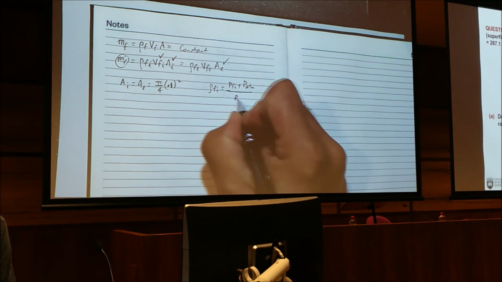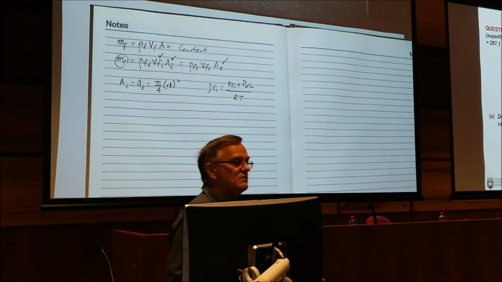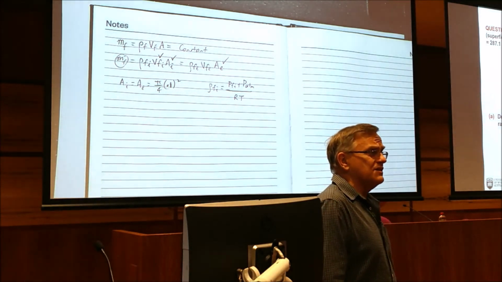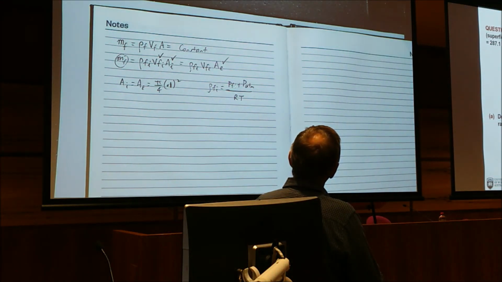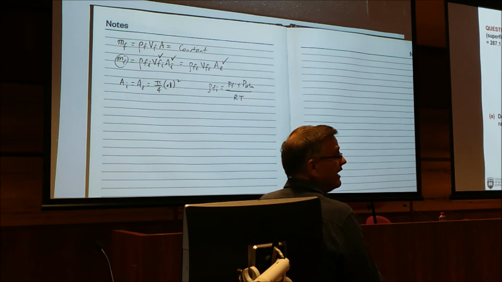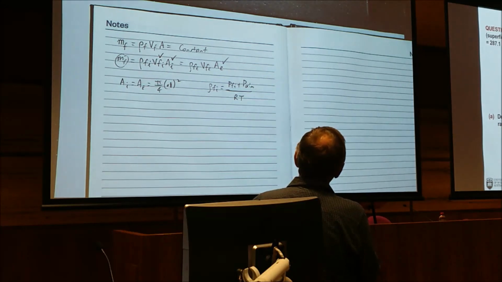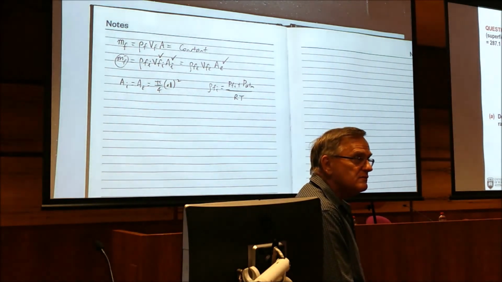Divided by RT. And be careful, we've got to use SI units. So for my pressures, I've got to put pascals in there. So that's going to be 50 kilopascals gauge, which is 50,000 pascals, plus atmospheric pressure, which is 101,000.